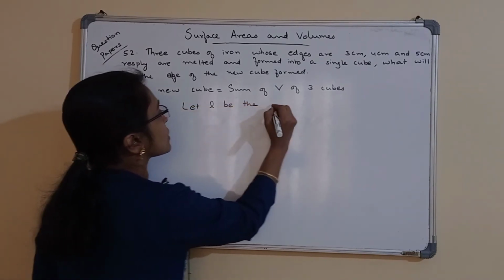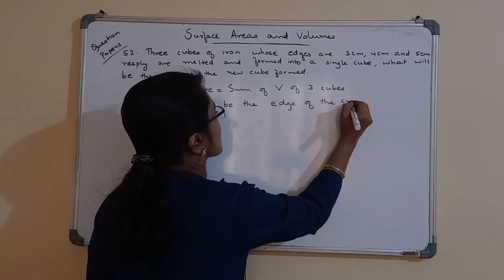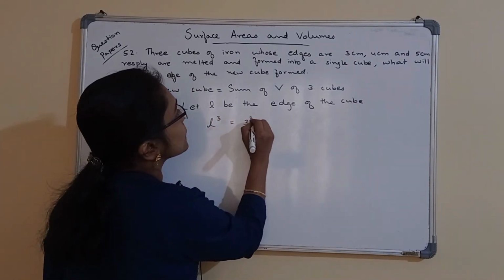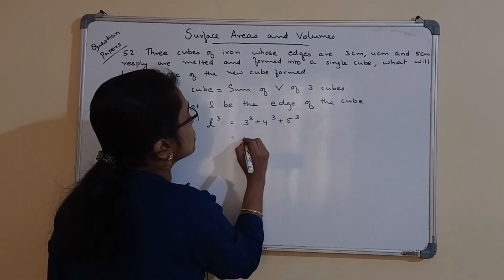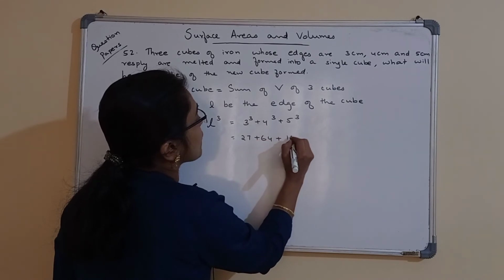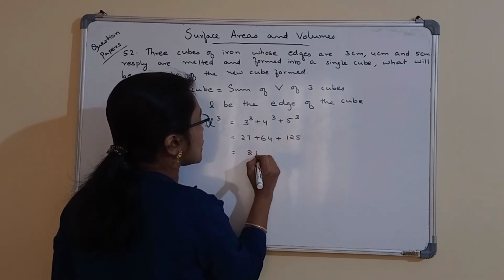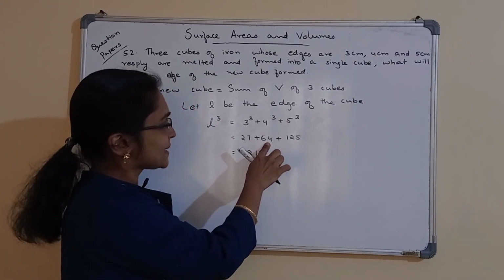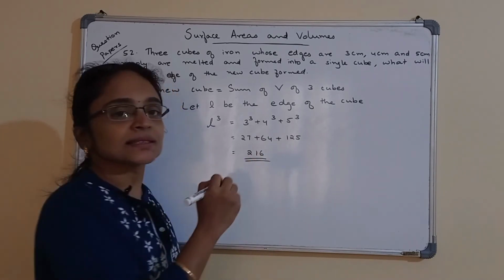So, L cube is equal to 3 cube plus 4 cube plus 5 cube, which is equal to 27 plus 64 plus 125, and it is equal to 216, right? 27 plus 64 is 91. 91 plus 125 is 216.